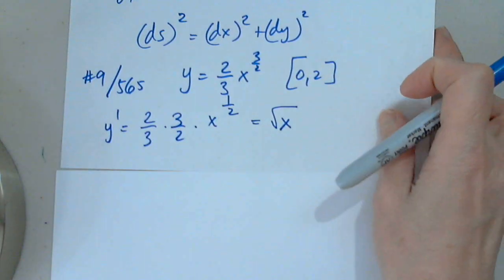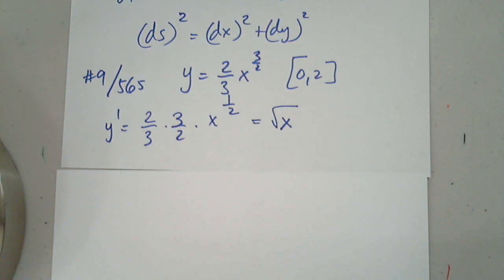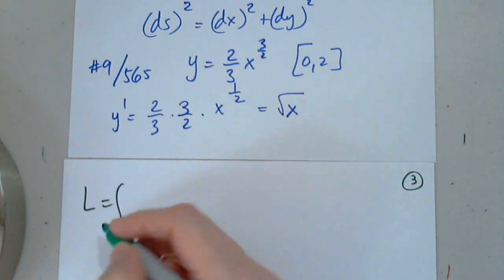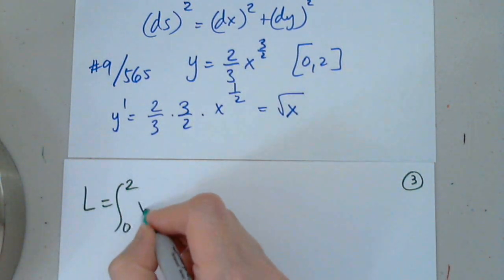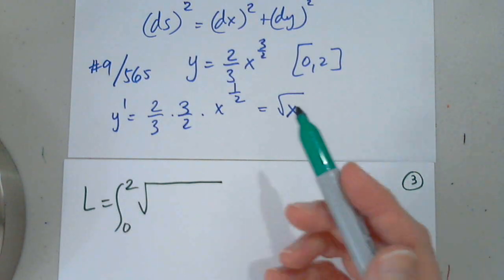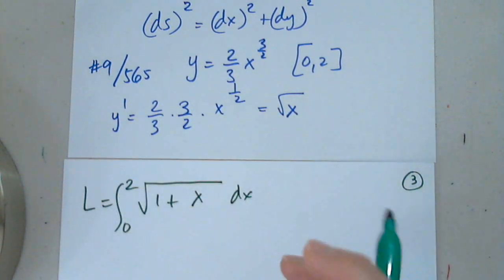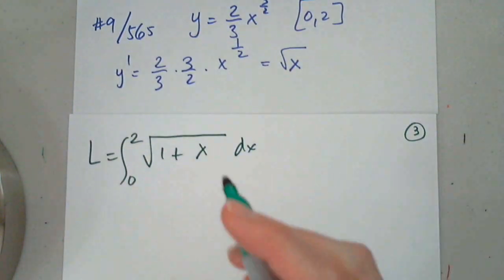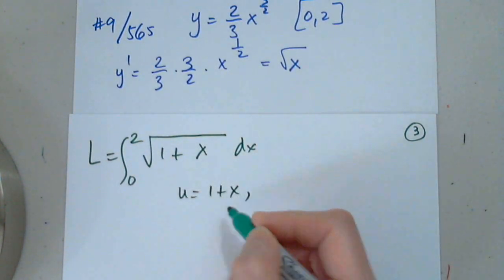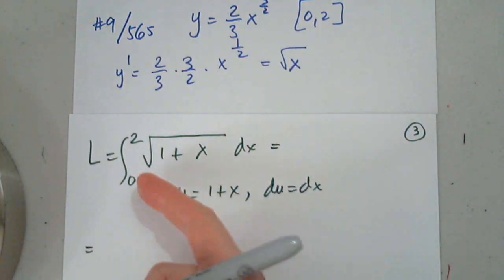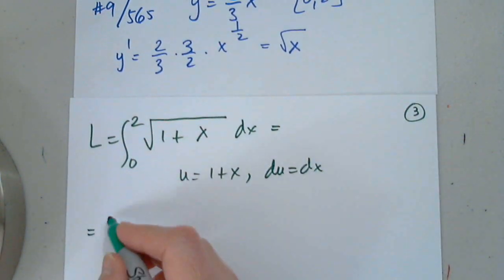Then arc length from 0 to 2 is the integral of the square root of 1 plus this squared, which is x, dx. I will use a quick substitution: u equals 1 plus x, du equals dx. No adjustments needed other than the limits of integration, of course.